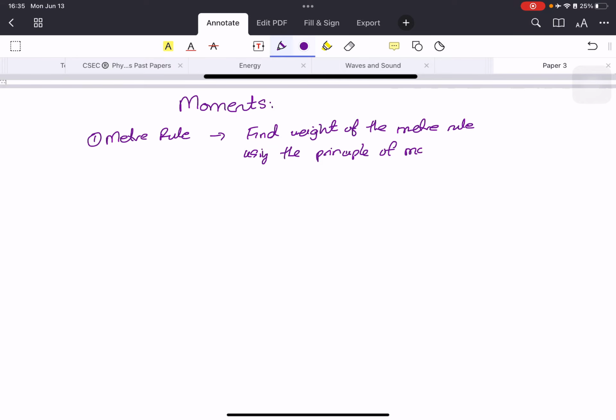right? So you have to remember what the principle of moments is, right? The principle of moments: the total clockwise moment is equal to the total anti-clockwise moments, right?